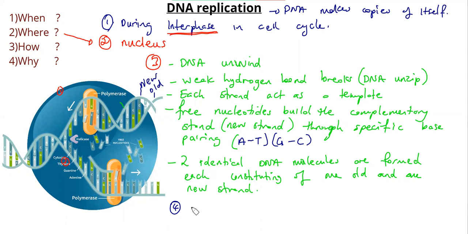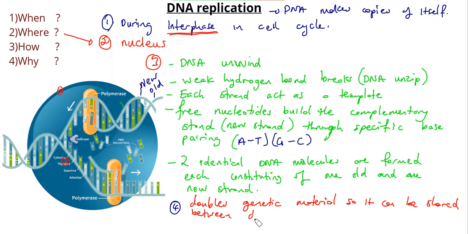So here we are saying this doubles the genetic material, so it can be shared with daughter cells during cell division.